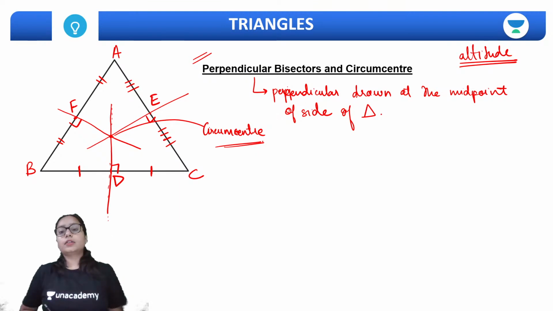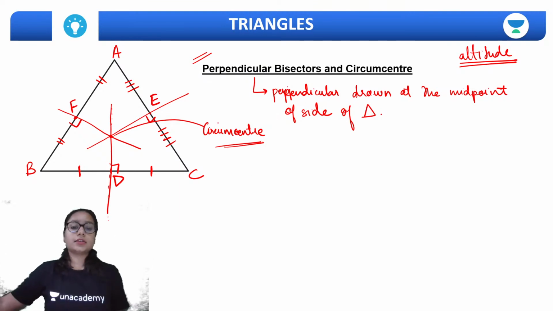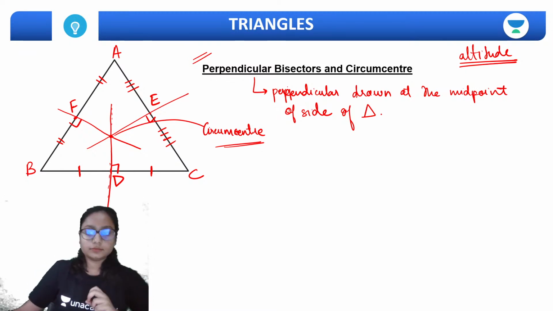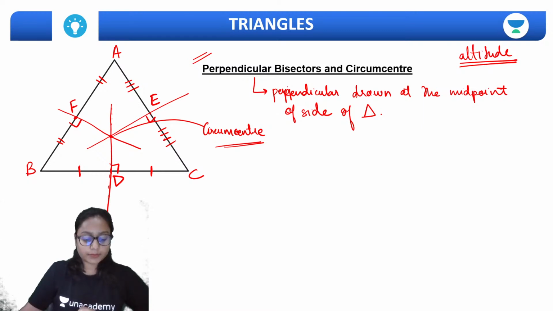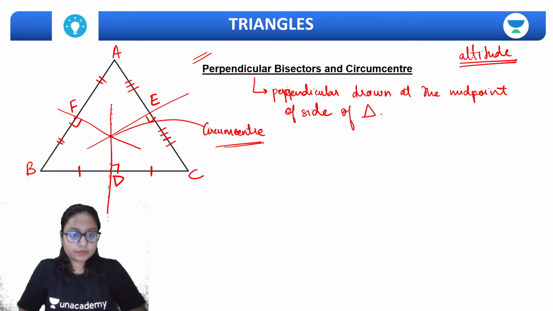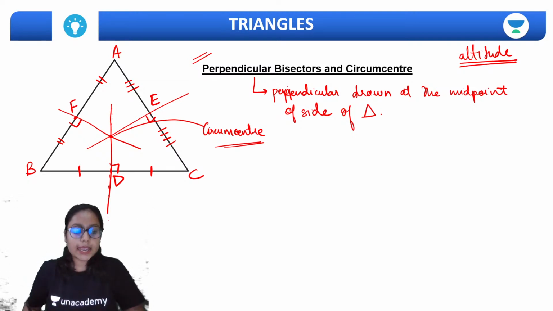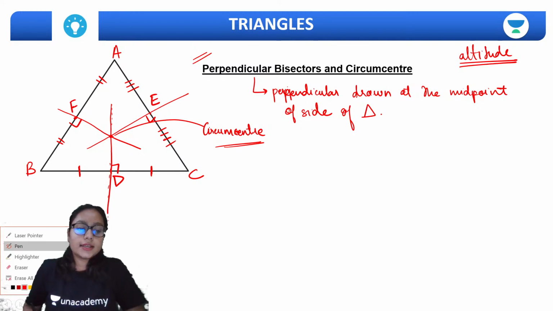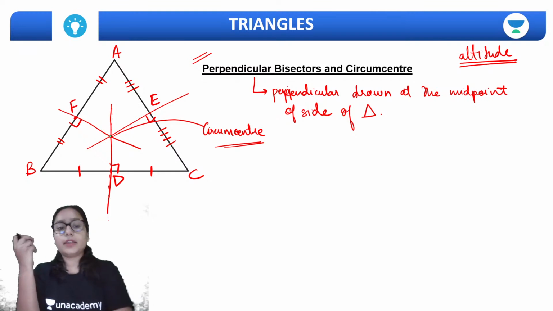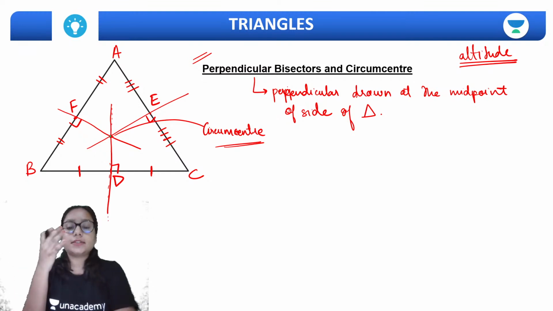Is this clear, the circumcenter of a triangle, all of you? Yes? All right. So this is the intersection of perpendicular bisectors.